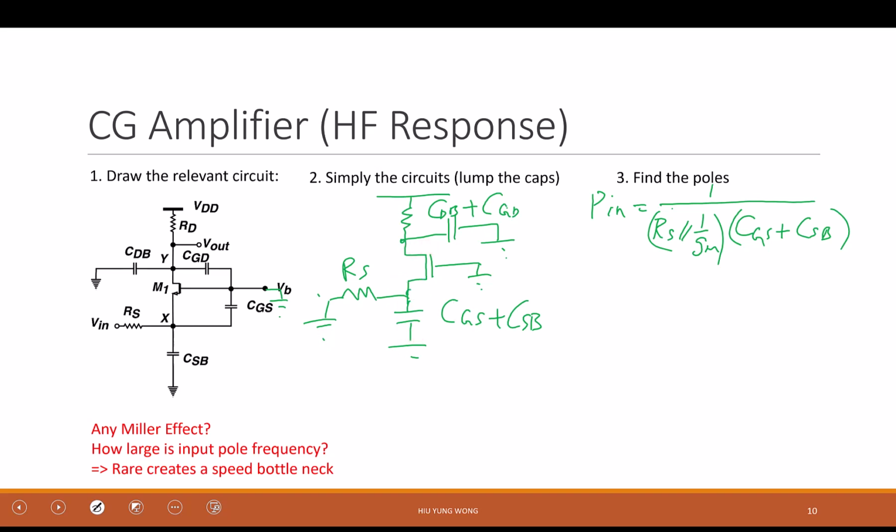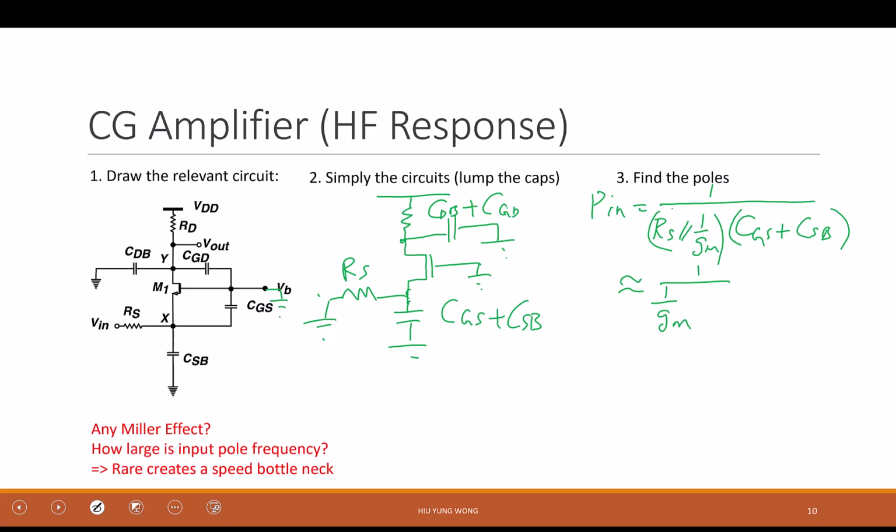Now, how about the output pole? Actually, I want to do one more simplification. So usually RS is small because it's the source resistance. If you have a good source, you assume you make it small. So this is approximately equal to 1 over gm.